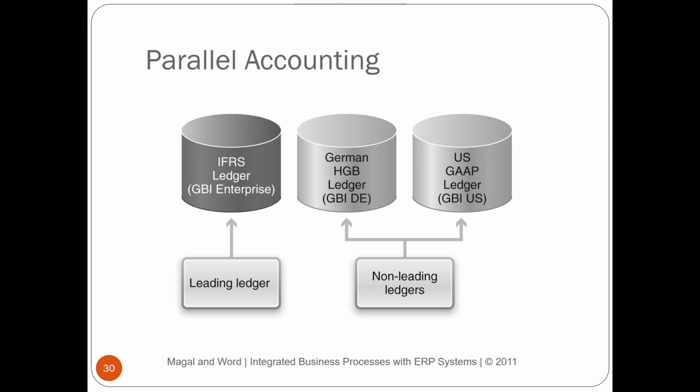It shows how parallel accounting would be implemented within GPI should the enterprise choose to do it at a later date. So in addition to the leading ledger, each of the two other companies in the corporation GPI has non-leading ledgers based on the local accounting standards.